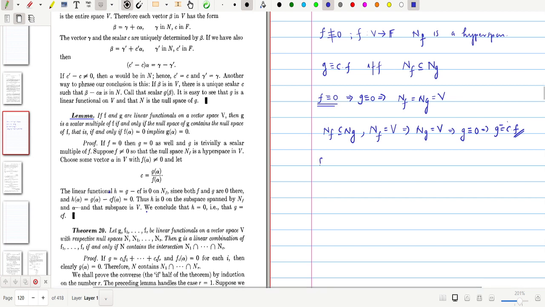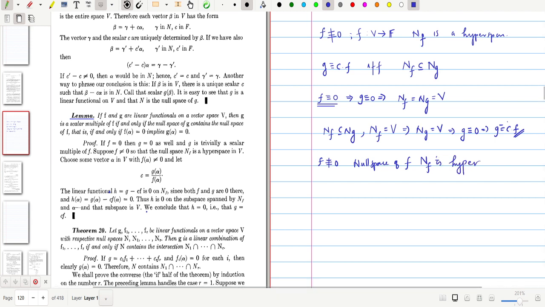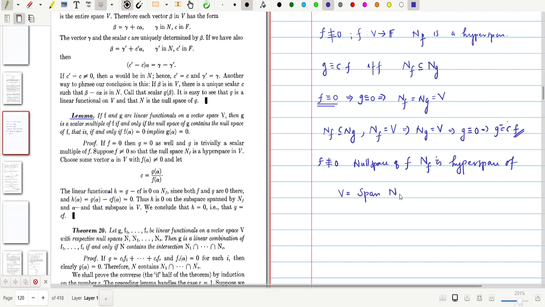Okay, if f is not identically 0, the immediate consequence is the null space of f, denoted by Nf, is a hyperspace of V. In this case, we can write V as the span of the null space of f.